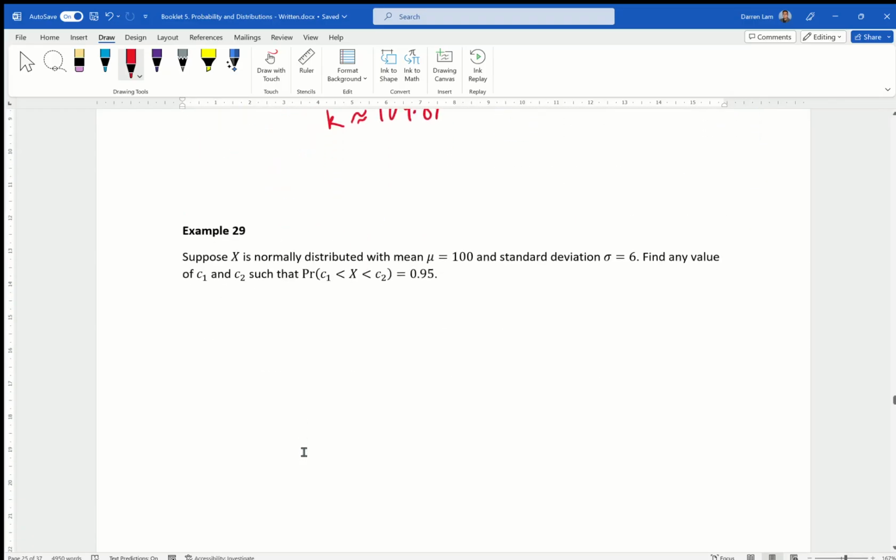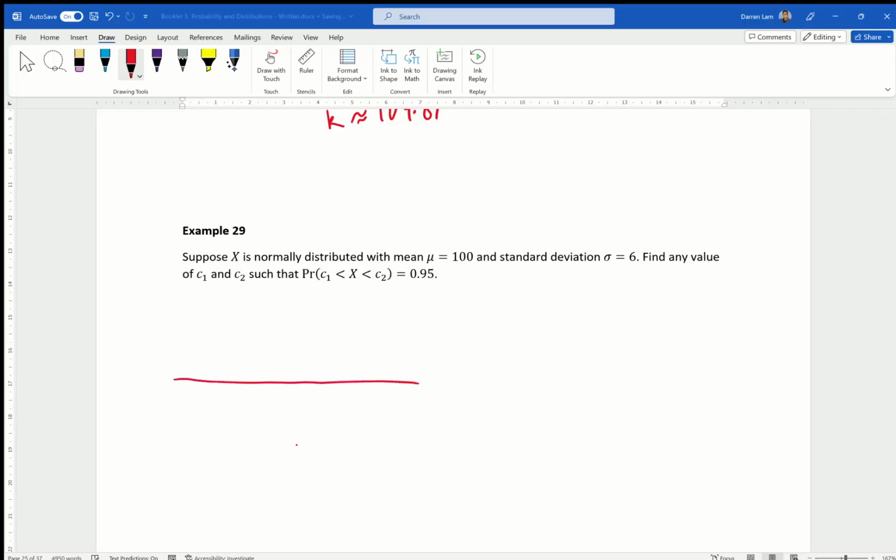Okay. Suppose x is normally distributed with a mean of 100, standard deviation of 6. Find any value of c1 and c2 such that the probability is 0.95. There are, of course, a multitude of answers. The easiest way for me to do this one is to just use our understanding of the 95%. So I can graph this.